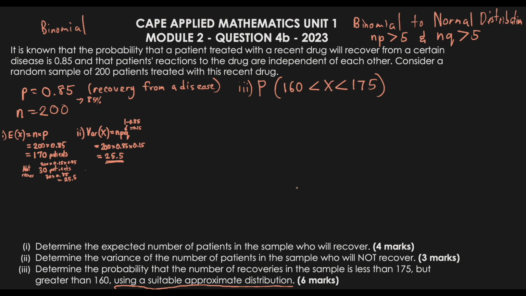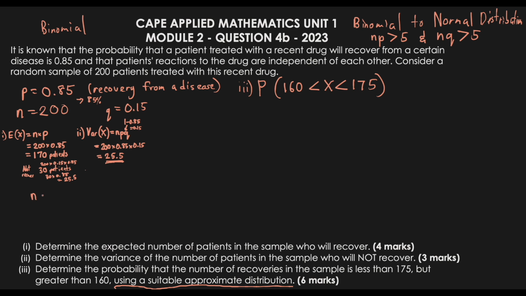However, this question is telling us that we could use a suitable approximation to do this. The suitable approximation that we could use in this case would be a normal distribution, once we are able to meet the criteria where NP is more than 5 and NQ is more than 5. We did a calculation earlier that helped us realize that would be the case, because N is 200, P is 0.85, and Q is 0.15.